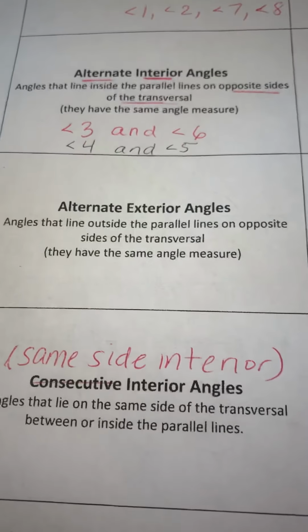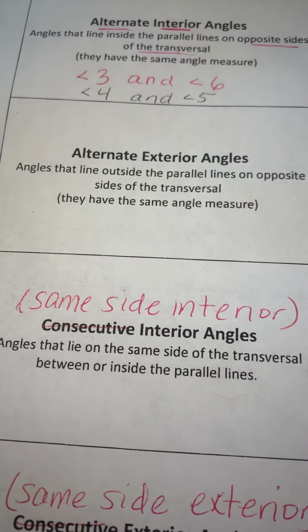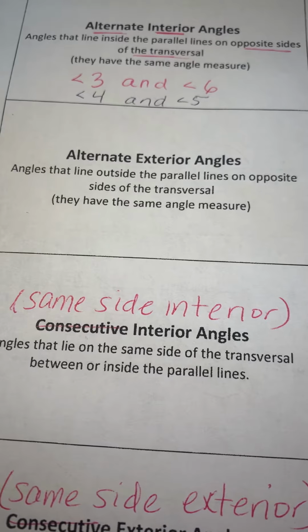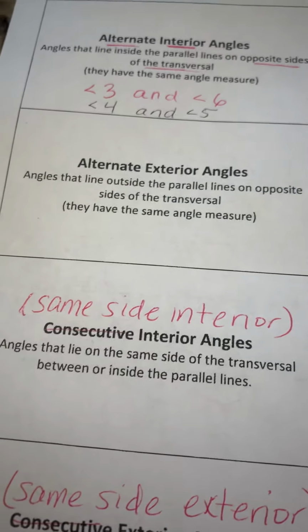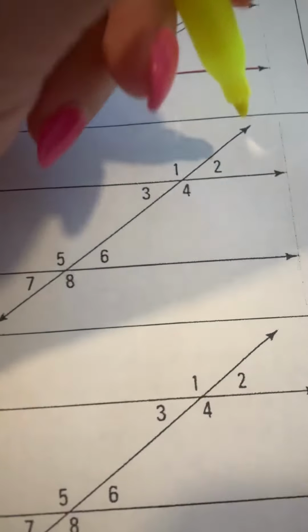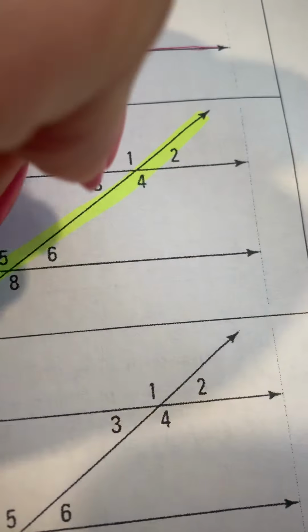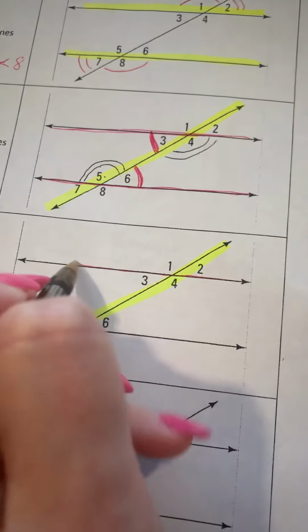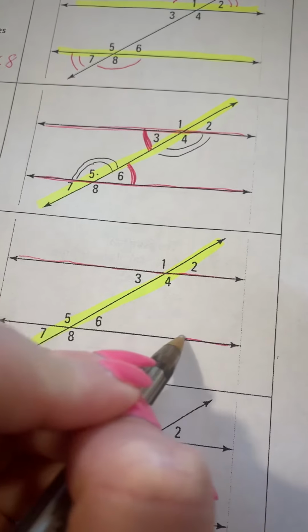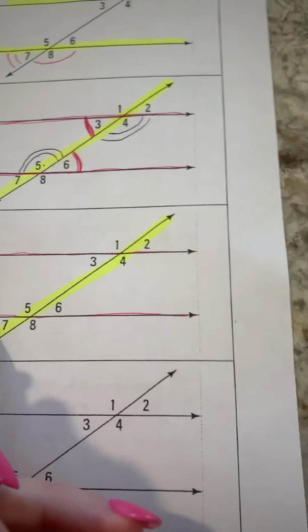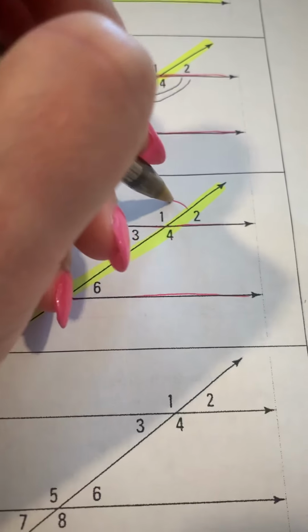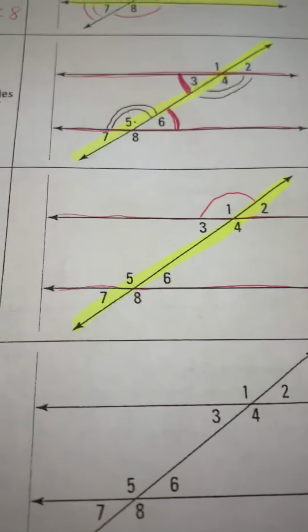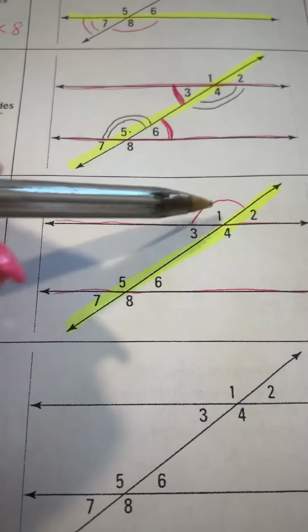Then we have something called alternate exterior angles, angles that lie on the outside of the parallel lines and opposite sides of the transversal. So again, here's our transversal. Here are our parallel lines. We want something on the outside of the parallel lines and on the opposite side of the transversal. So for example, 1 is exterior, and 1 would be alternate exterior with angle 8.